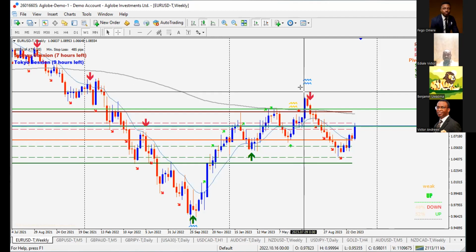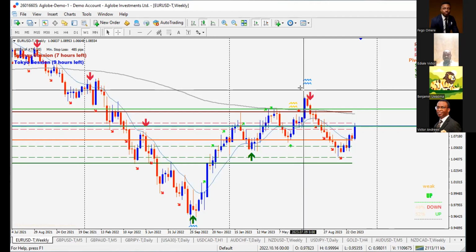And you know, this is weekly chart. We are talking about stop loss of not less than 200 pips. Okay? So that calls for consideration depending on your capital and your risk appetite. All right?